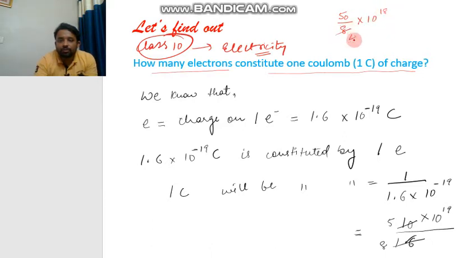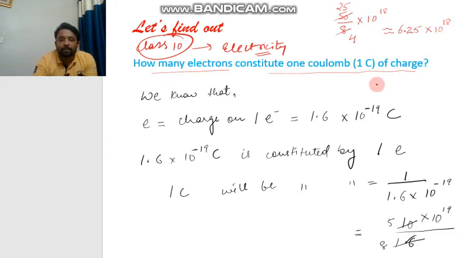Solving it, 8 times 6 is 48, 2 remaining, approximately equals to 6.25 into 10 raised to power 18.